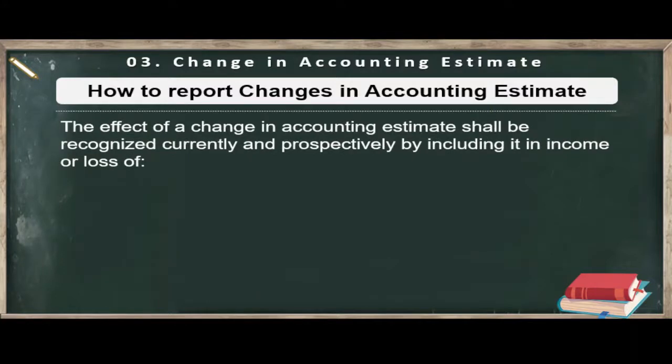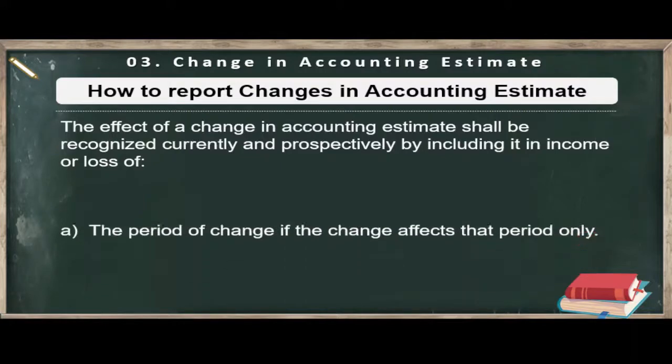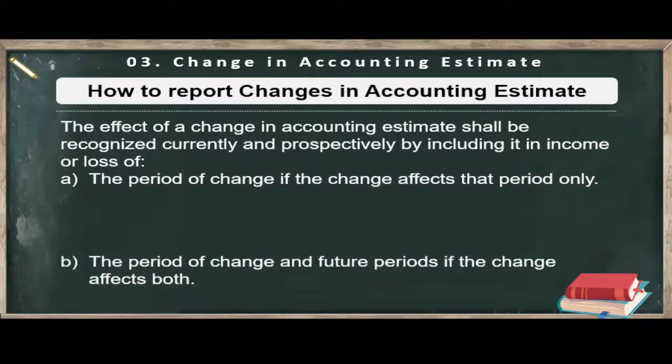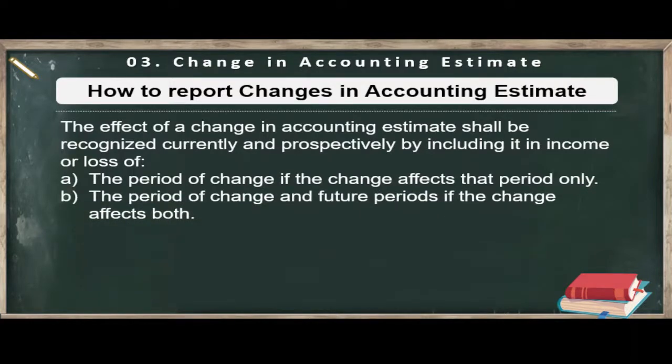The effect of a change in accounting estimate shall be recognized currently and prospectively by including it in the income or loss of the period of change if the change affects the period only, or the period of change and future periods if the change affects both.